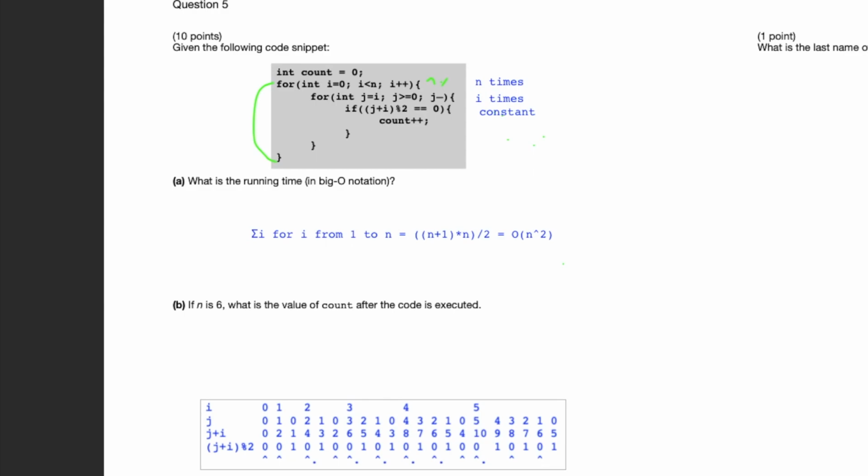Of those, every time we get in there and the result is equal to 0, we increment the counter. So how many times do we increment the counter? 1, 2, 3, 4, 5, 6, 7, 8, 9, 10, 11, and 12. So that means the value of count equals 12.